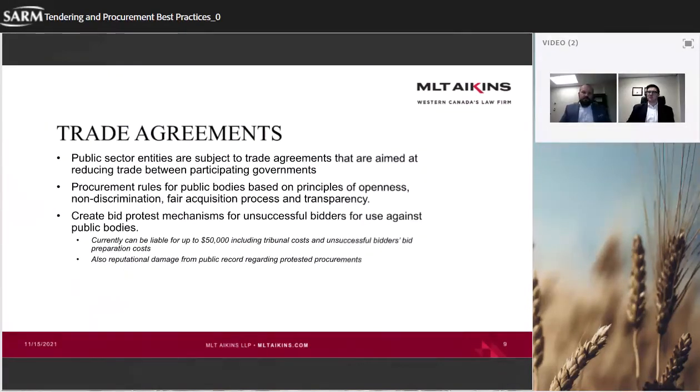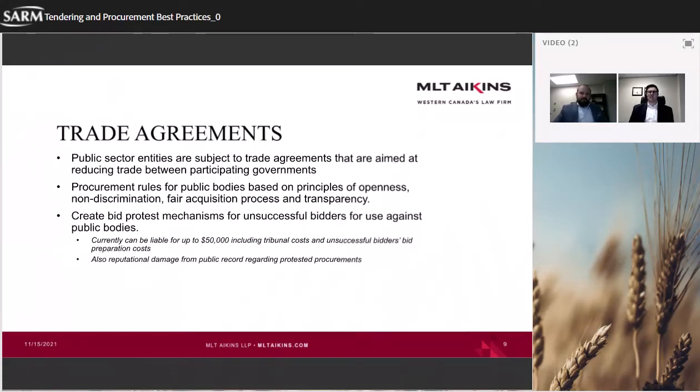So, to quickly cover trade agreements, and trade agreements could be almost entirely their own topic. So I don't, we're maybe giving them a bit of short shrift here, but can't talk about procurement without mentioning them. The aim of them is to reduce barriers to trade between different governments and the people who work in those different provinces and countries.